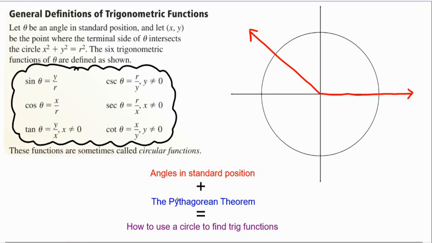I'm actually going to draw right here to the nearest x-axis down here, and then this triangle that you see in blue, if I apply the Pythagorean theorem to that and say that this is A, this is B, and this is C, a squared plus b squared equals c squared, that gives me the ability to find the trig functions.